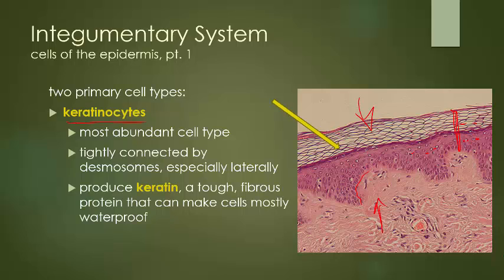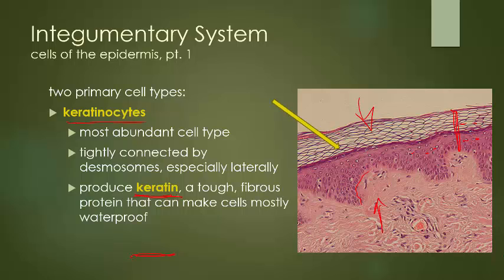And that's why when you get sunburned and you damage that skin layer, as the sunburn heals, sometimes the skin can peel off in really large sheets because the desmosomes do such a good job of holding the skin together. And a primary function of the keratinocytes is that they produce keratin, a tough, fibrous protein, and it helps to waterproof the epithelial layers.